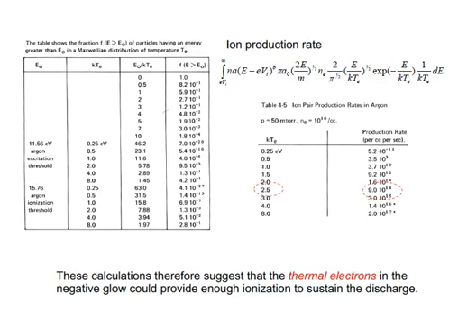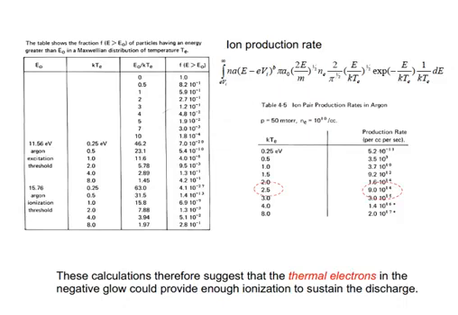Okay, so for example, in argon plasma, one needs 11.56 electron volts to excite neutral argon from the ground state to an excited state.